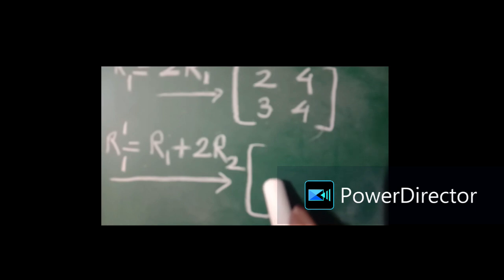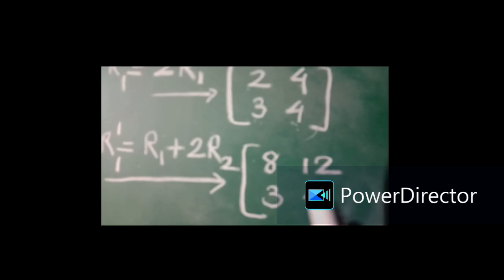Now in this case R1 is changing. So again I will write this as R1 dash. And now we are talking about multiplying the second row with 2 and adding to the elements of the first row. So multiplying the second row elements with 2 is going to give me 2 3s are 6 plus this 2.